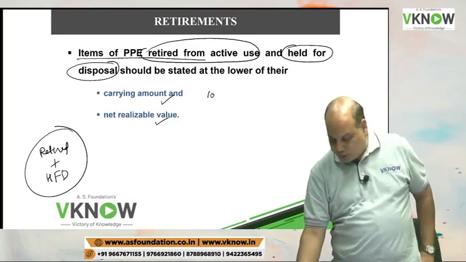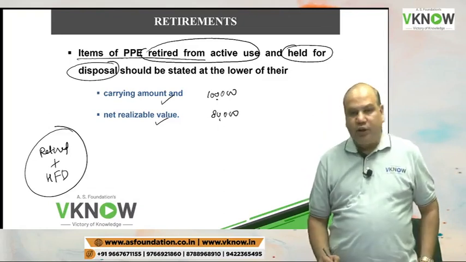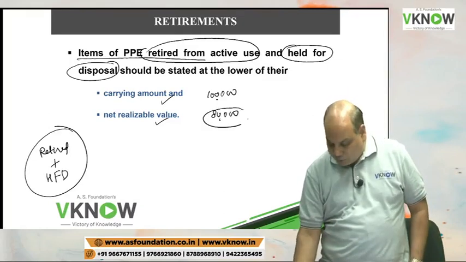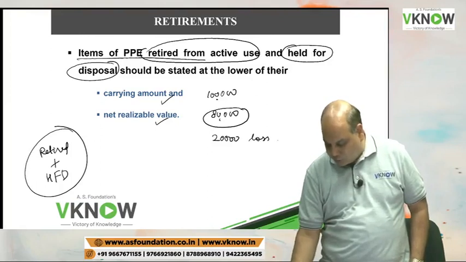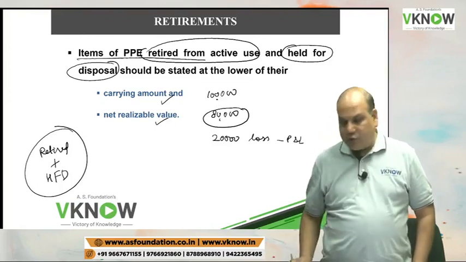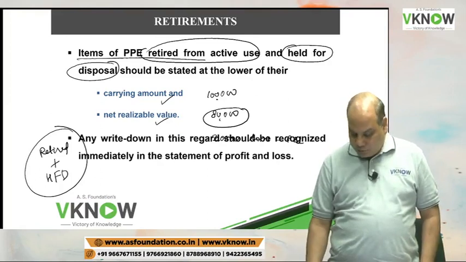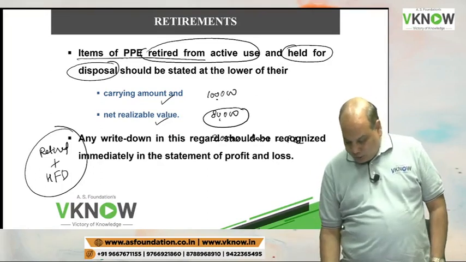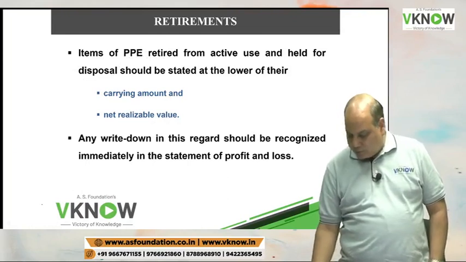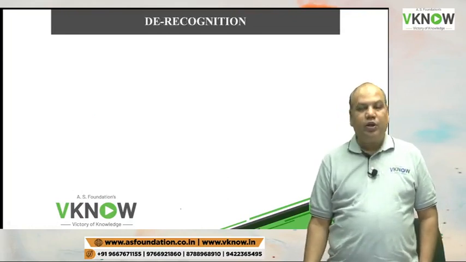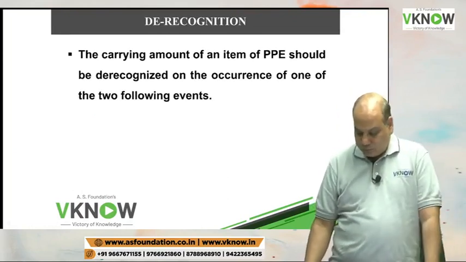Suppose this laptop's carrying amount is 1 lakh and I am going to realize only 80,000 rupees, I will value it at 80,000 and the 20,000 loss I will transfer to P&L account. So any write down, in our example 20,000, will be recognized in P&L account.